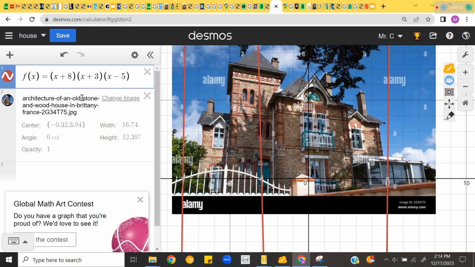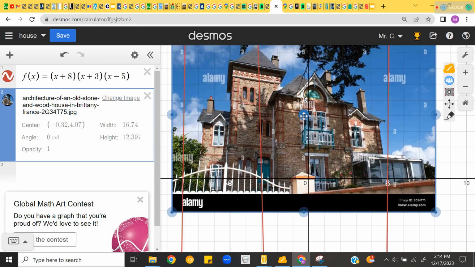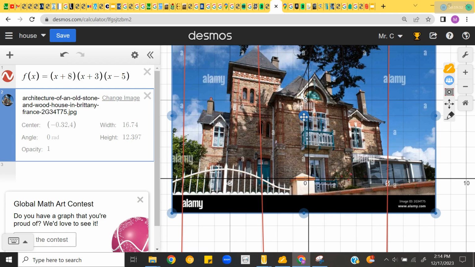And notice that right now it doesn't fit at all, right? There's nothing else here other than these 3 parentheses, because I knew I wanted the graph to cross here and here. So one thing that I had to do was move my image around until that fence crossed the x-axis at some integer points, just to make the calculation simpler.